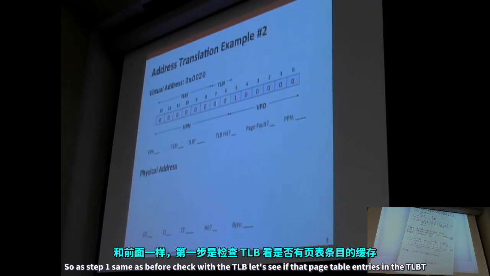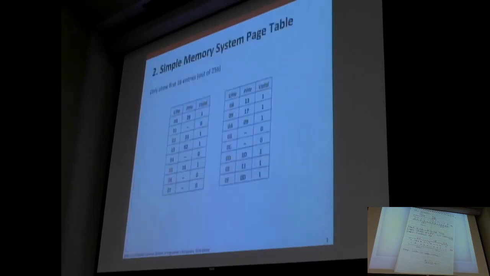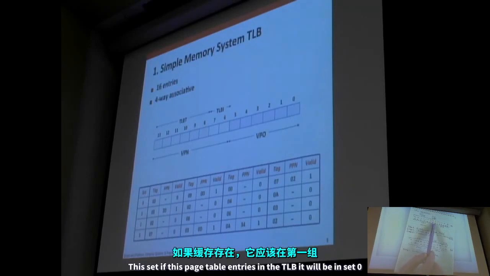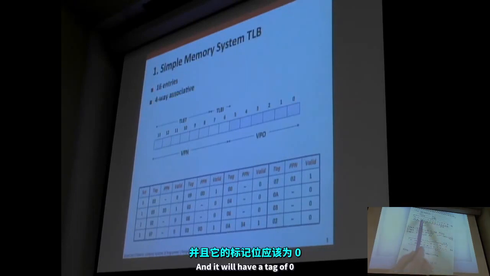So as step 1, same as before, check with the TLB. Let's see if that page table entry is in the TLB. If this page table entry is in the TLB, it'll be in set 0, and it'll have a tag of 0.